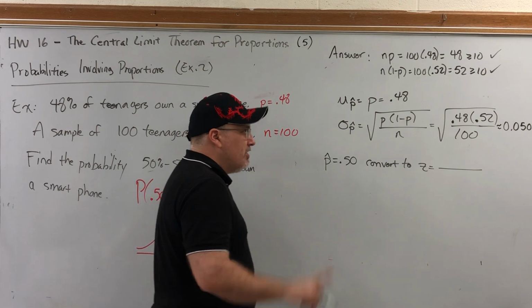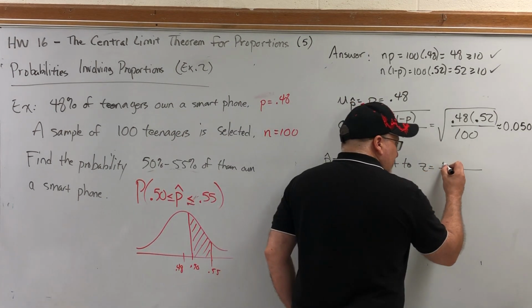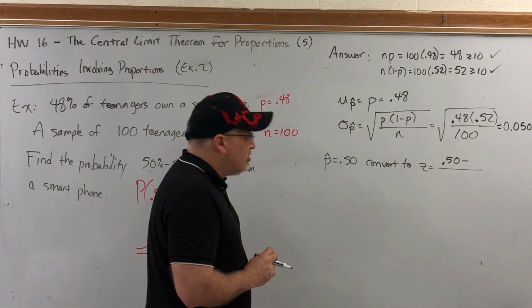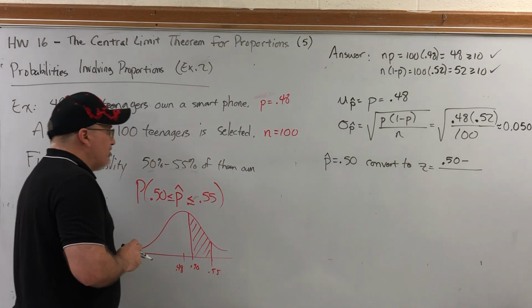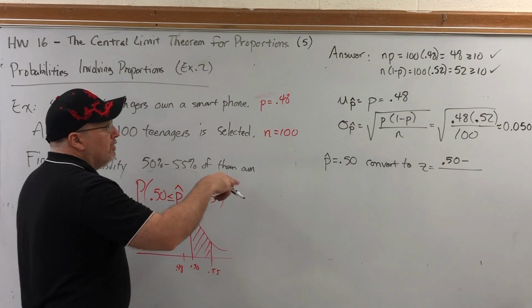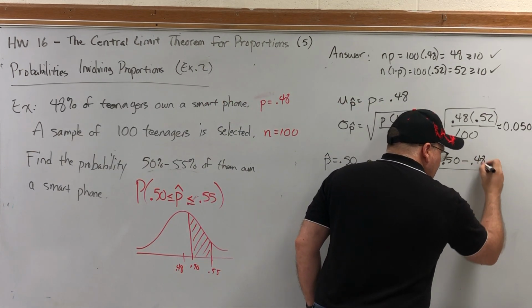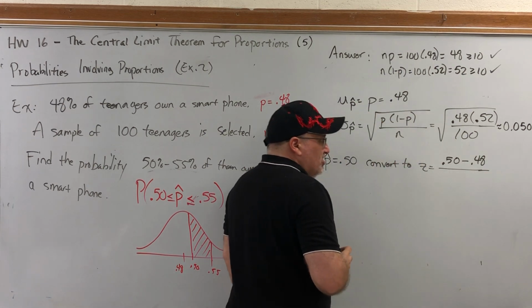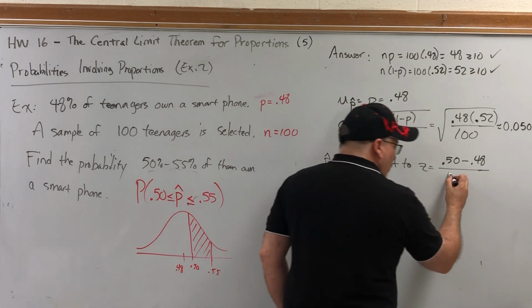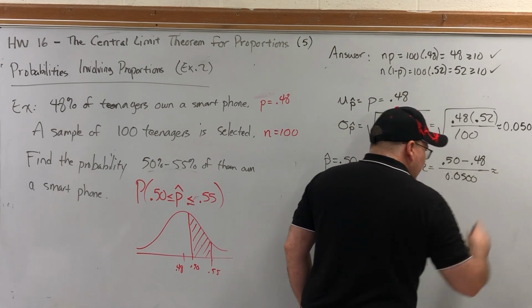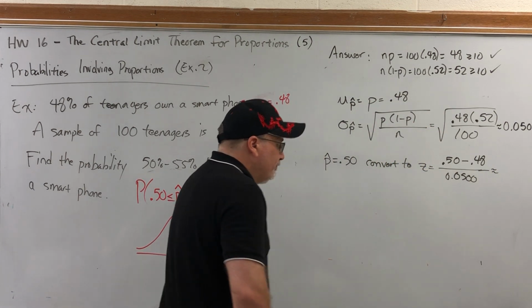The formula was p hat, which is 0.50, minus mu sub p hat. Mu sub p hat was 0.48 over sigma sub p hat, which was 0.0500.